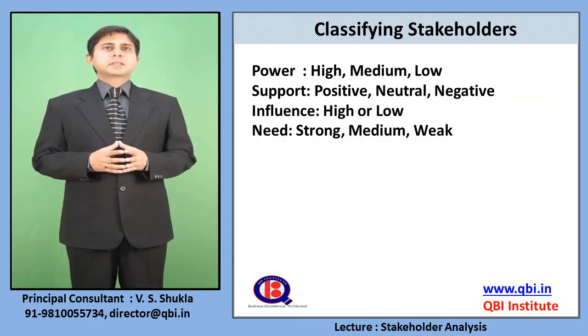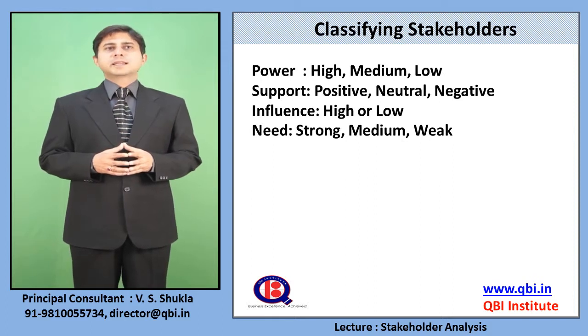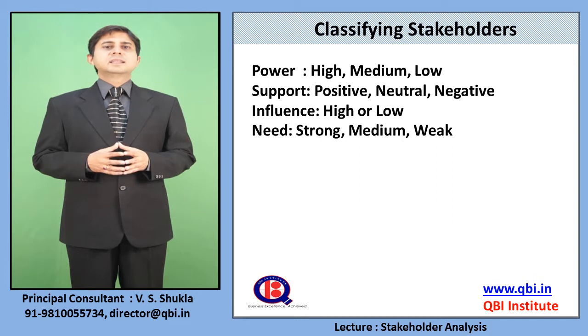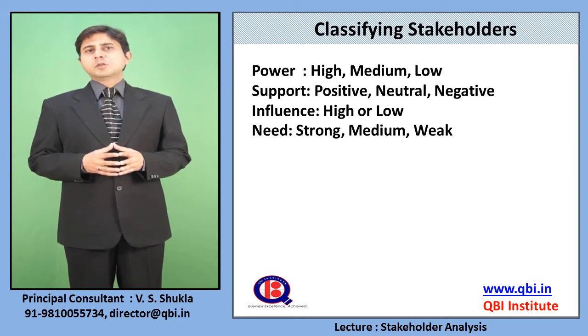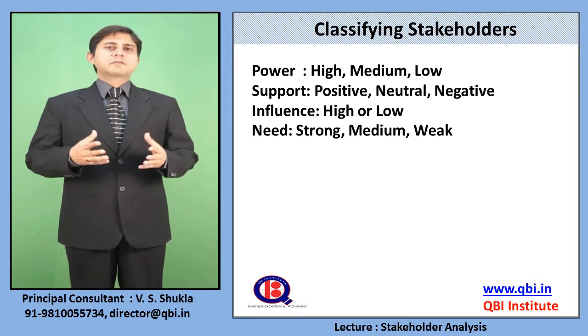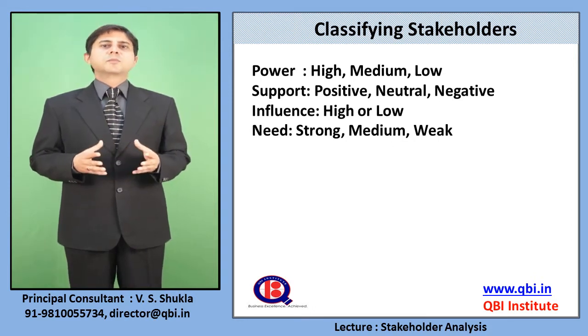Yet another method to classify our stakeholders on the project is on the basis of the power which they wield, the support which they provide to the project, the influence which they have within their organizations, and their need for the solution. So power can be high, medium or low. For example, someone like a data entry operator will have low power.